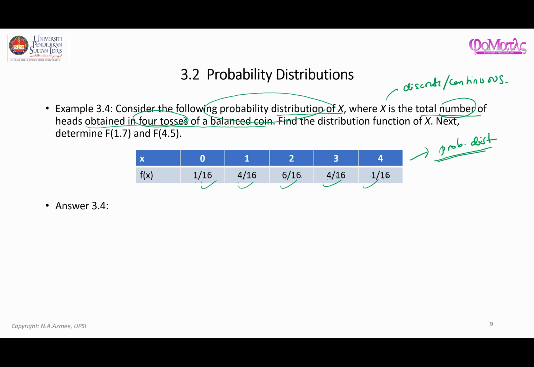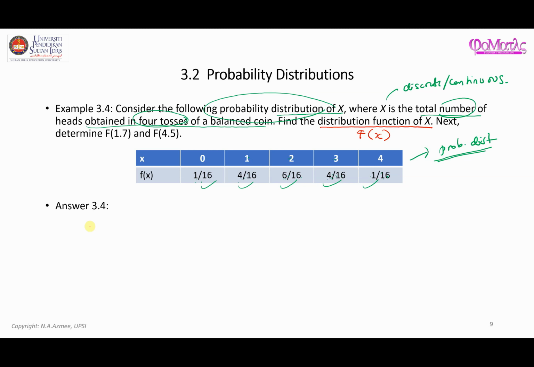Okay, the question is asking us to find the distribution function of x. In other words, what is big F? All right, so here we're just going to construct a table because I think it's easier to do that.